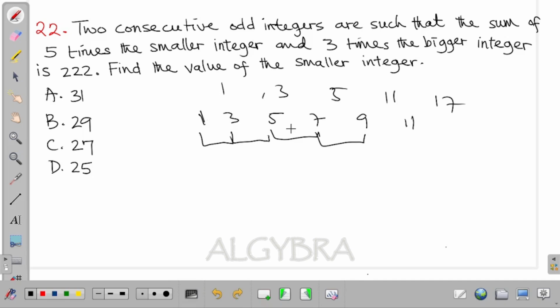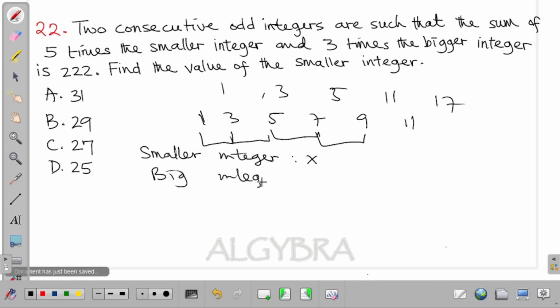So now they said the sum of 5 times the smaller integer and 3 times the bigger integer is 222. Okay, so let the smaller integer be x, and let the big integer be y.